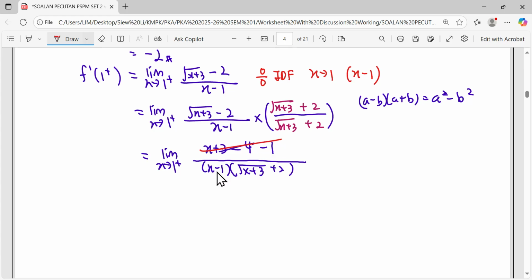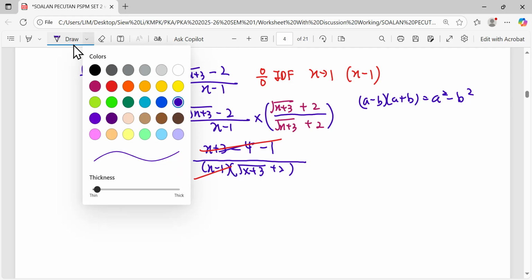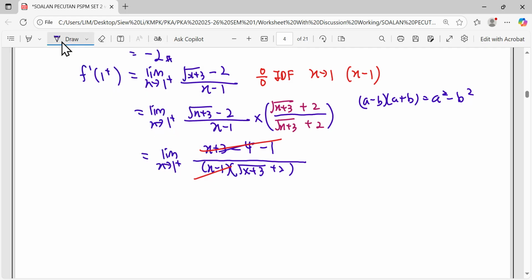This x minus 1 can be simplified with the x minus 1 at the bottom. Then the 0 over 0 is simplified, cancelled. So no longer indeterminate form. Once the function is no longer indeterminate, we can calculate the limit again. Substitute: on top 1, on the bottom square root of 1 plus 3 plus 2. So 1 over 4.